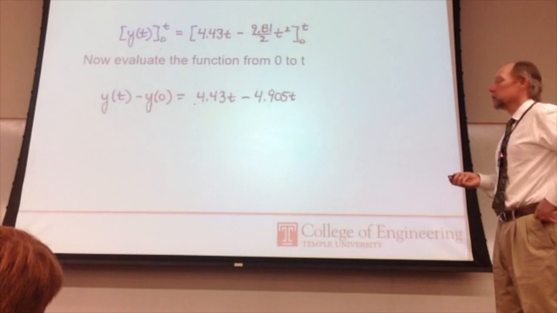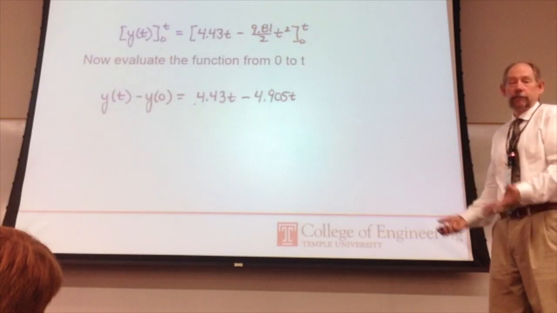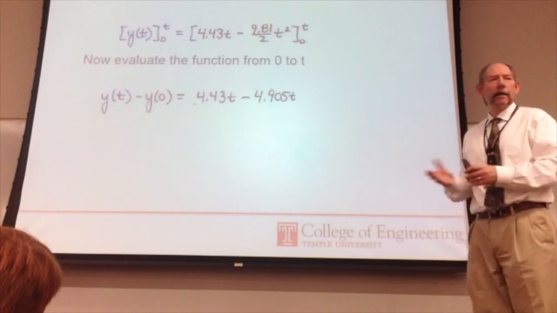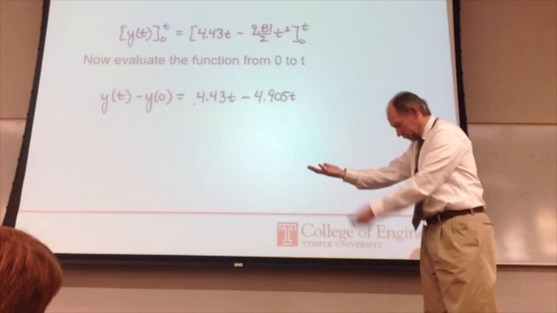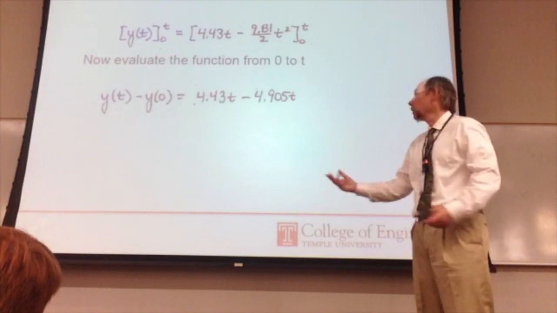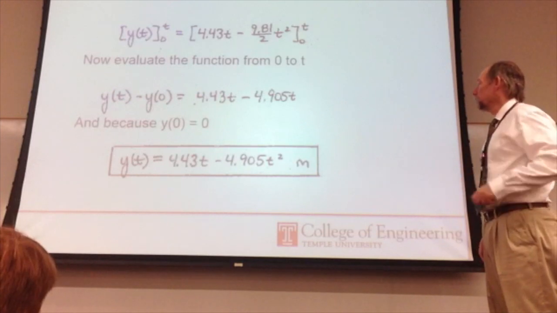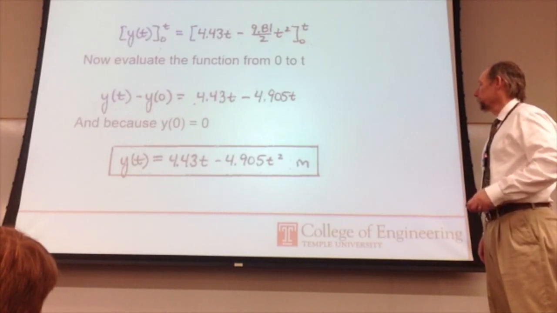In this case, what's the initial position? 0, because you're starting from the ground. Now, you could argue that if you're throwing it up, the position is, whatever that is, 4 feet, 3 feet off the ground. But in this case, the initial position is given as 0.